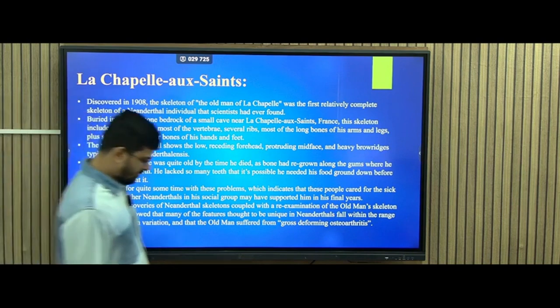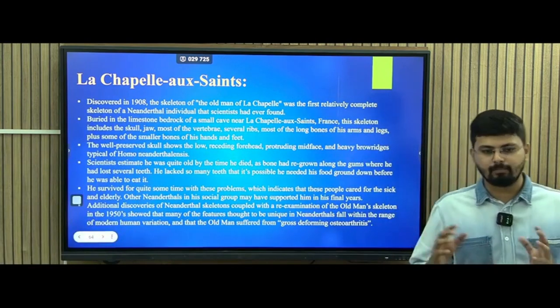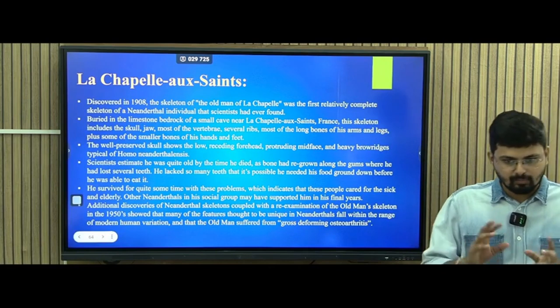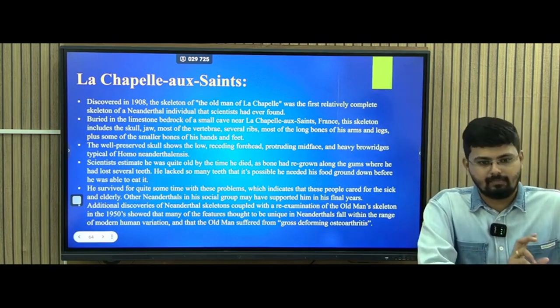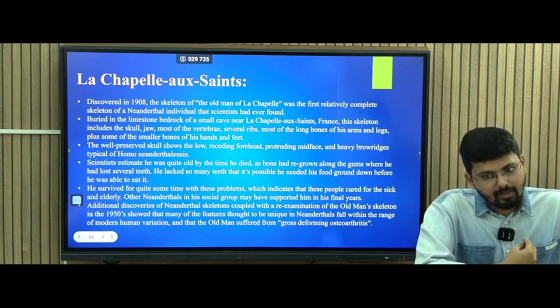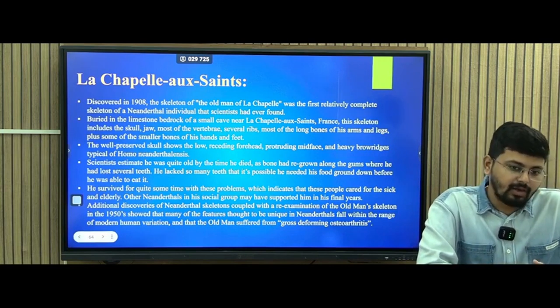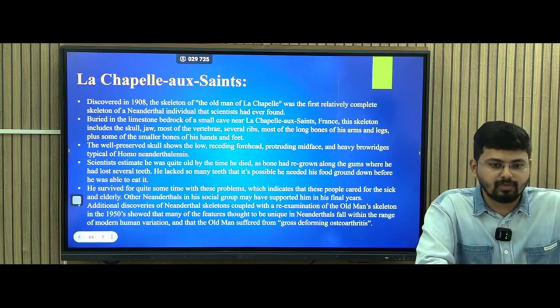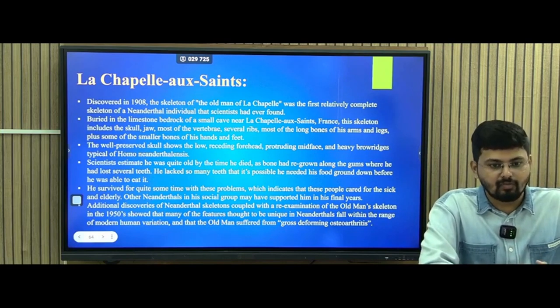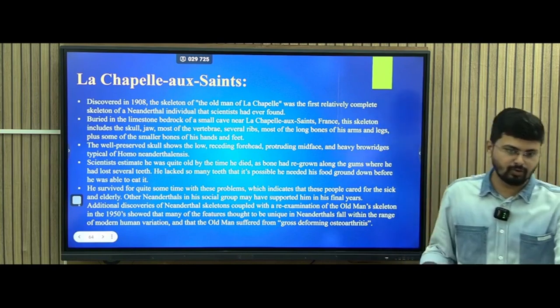What happened was that an old man's skull was found, and initially it was thought that there is some deformation in the leg, and it was believed that maybe the species itself was like that. But later on it was understood that it is because of a problem that he had faced, that is osteoarthritis. Arthritis, we know, right?